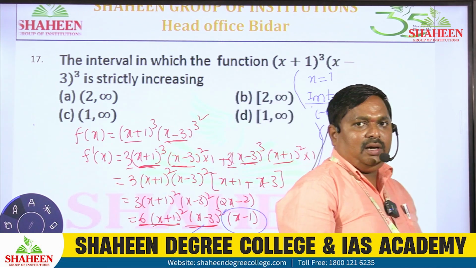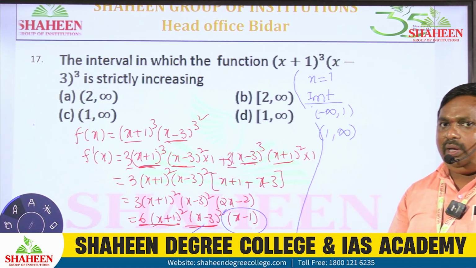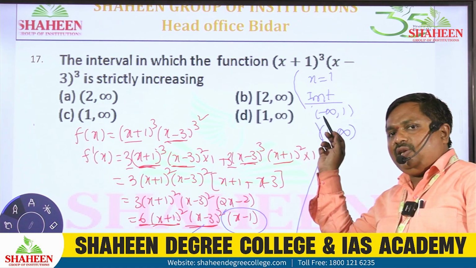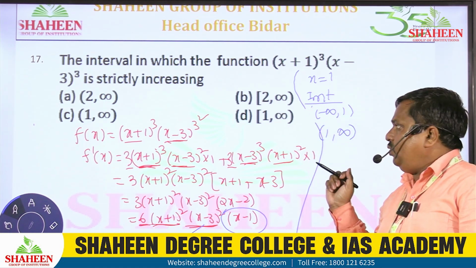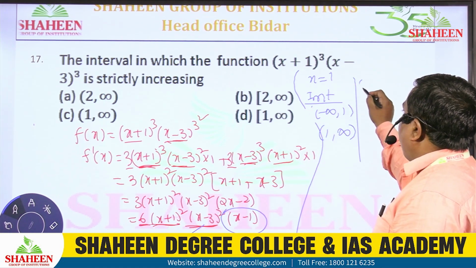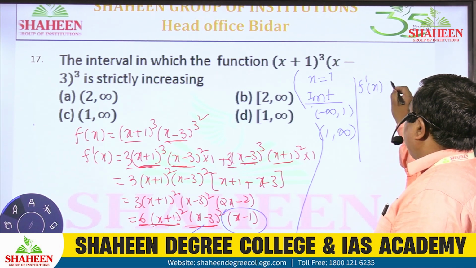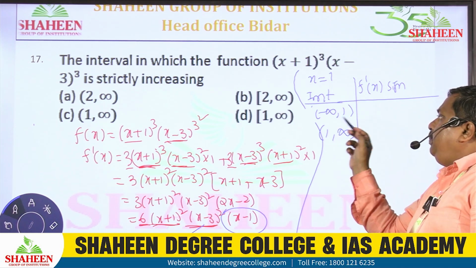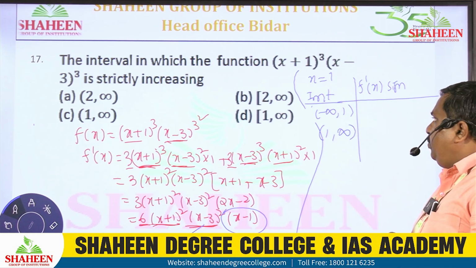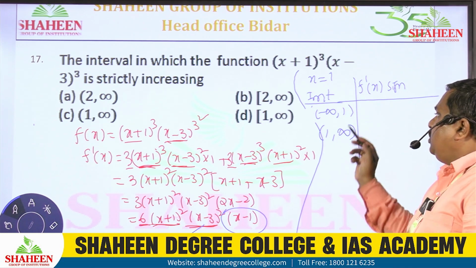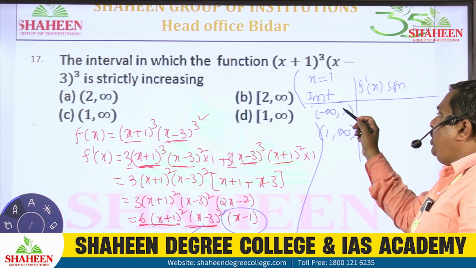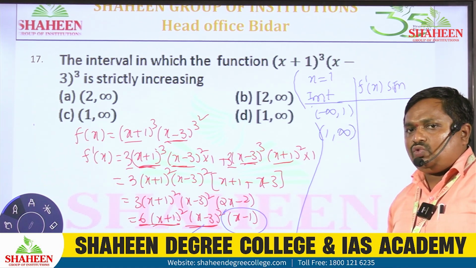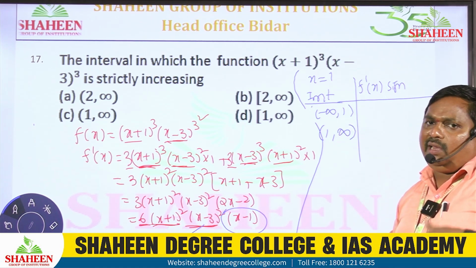We have only one point here, x equal to 1, and by that we come to know that we have two intervals. So we are substituting a number between each interval in the derivative f dash of x. Between minus infinity and 1 we have the numbers 0, minus 1, minus 2, minus 3. We can take any number.